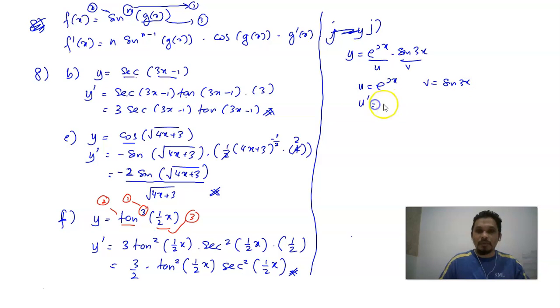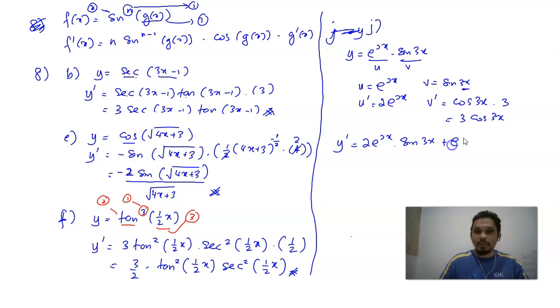Then u' equals 2e^(2x), and v' equals, derive the sine, it gives you cos 3x, and differentiate 3x, it gives you 3, so 3 cos 3x. So then y' equals u' 2e^(2x) multiplied with v, which is sine 3x, plus u, e^(2x), multiplied with v', 3 cos 3x.